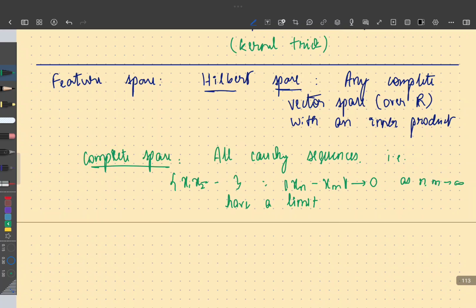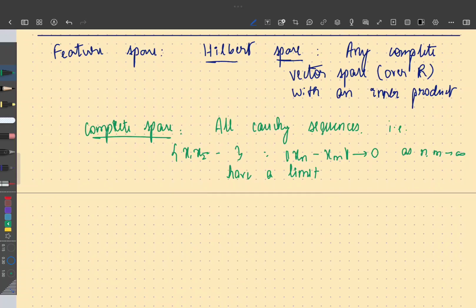All right. So for example, if you take, say, an open interval, if this is my space, then not every Cauchy sequence has a limit, because you can take a sequence that is converging to the end point. So it does not converge to a point in your space, but it is a Cauchy sequence because successive elements are getting closer and closer to each other.